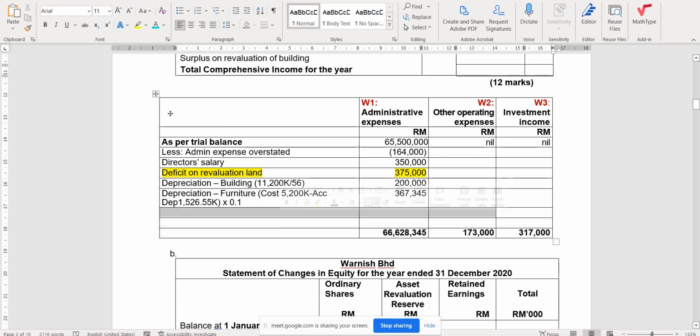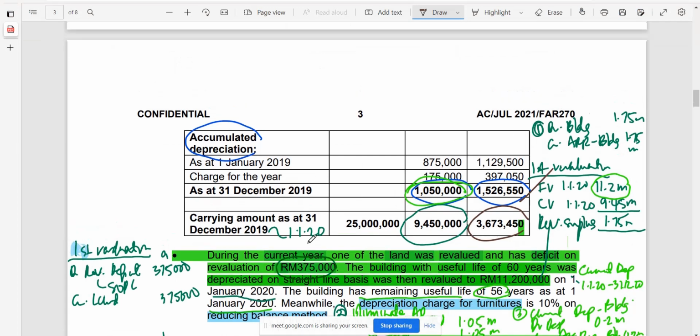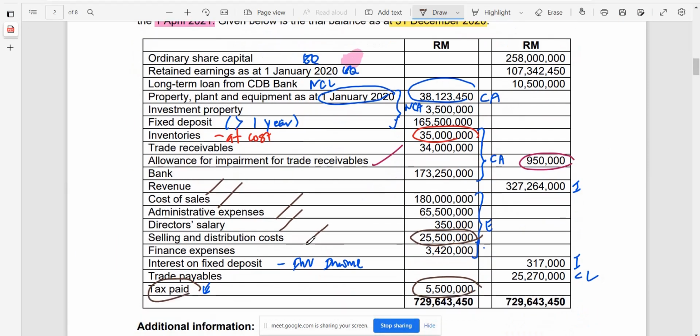The other operating expense is the one that I mentioned, provision, which is the damage or compensation, 173. And your investment income would be coming from the interest on fixed deposit. Interest income on fixed deposit, 317. Where do we get that 317? It is here. You have the income from fixed deposit, this one, 317. And this is already now included, all this included, right?